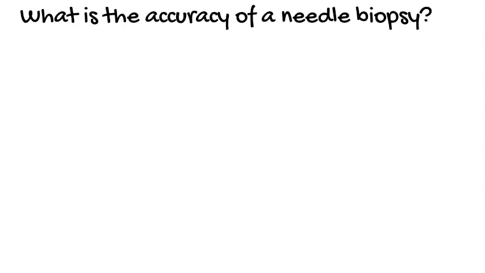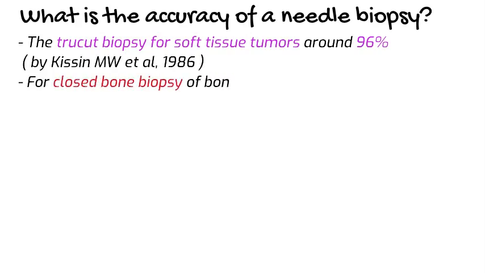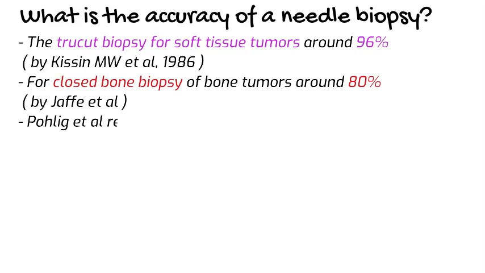What is the accuracy of a needle biopsy? The true cut biopsy for soft tissue tumors is around 96% by Kissin M.W. et al. 1986. For closed bone biopsy of bone tumors, around 80% by Jeffrey et al.